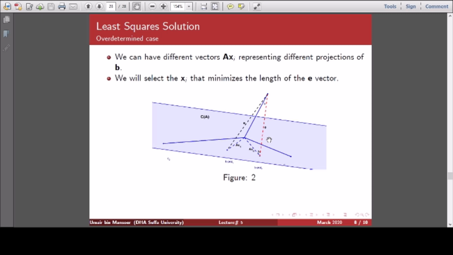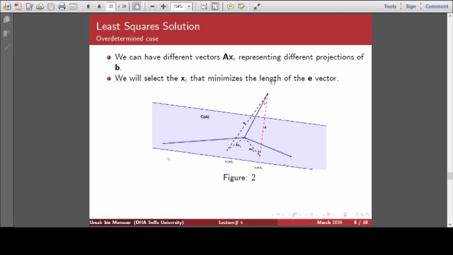Okay, let's talk about the projection. What is a projection? With respect to this figure, let me give you an overview. If I turn off the lights here and put a torch on top of this vector b, I'll get a shadow of this b vector down here on the column space.